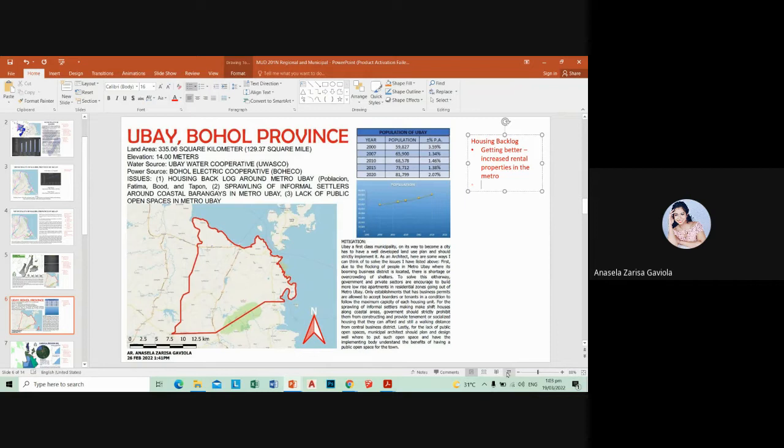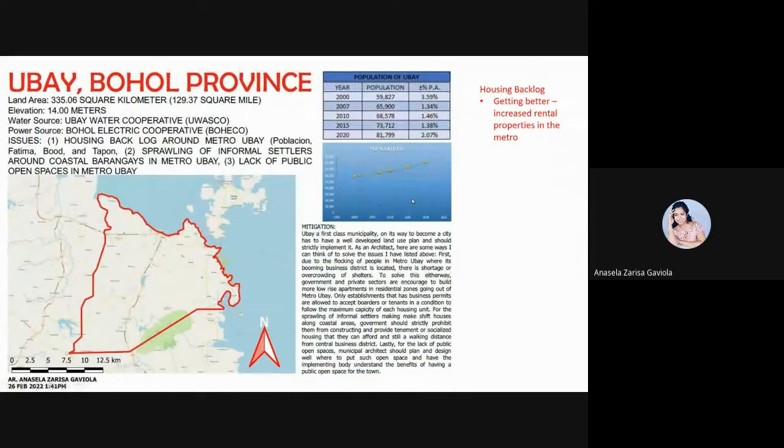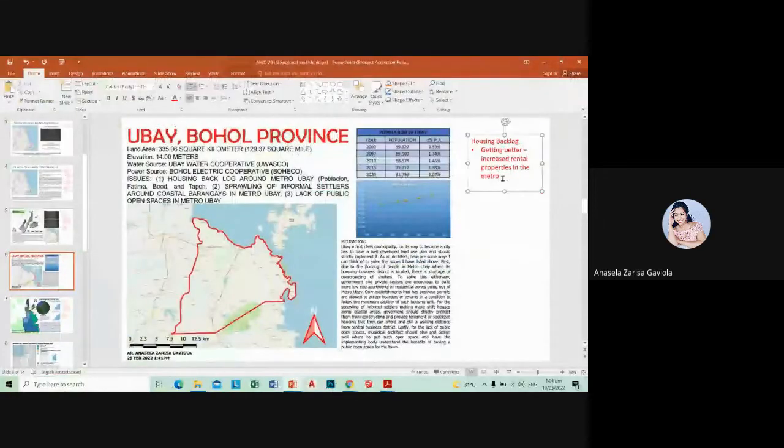During Typhoon Odette, the coastal areas were hit the hardest, barangays Poblacion, Fatima, and Tapon. Most of the people there are informal settlers.